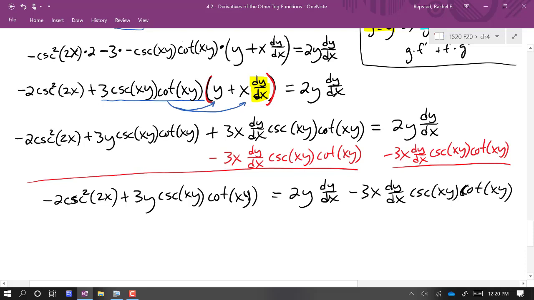You probably know what's coming next. We have all of our dy/dx's on the right. They're by themselves all on the right. So let's factor out the dy/dx. So we have dy/dx, and in the parentheses 2y minus 3x cosecant xy cotan xy.